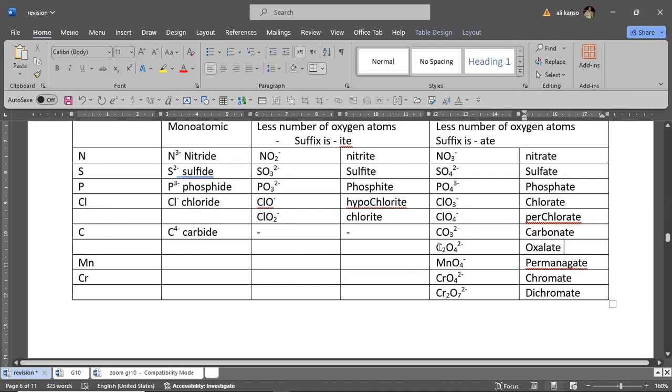This is the most remarkable anion that we have to memorize.